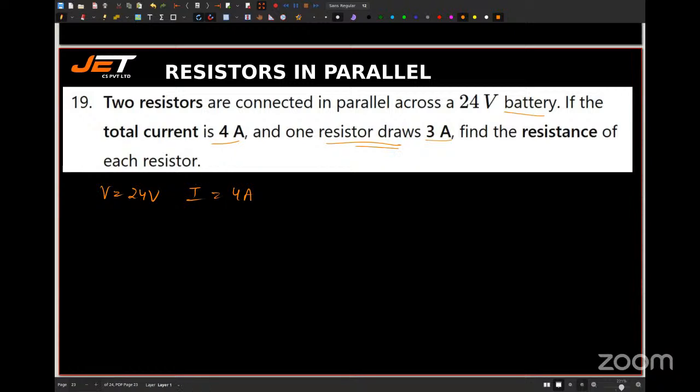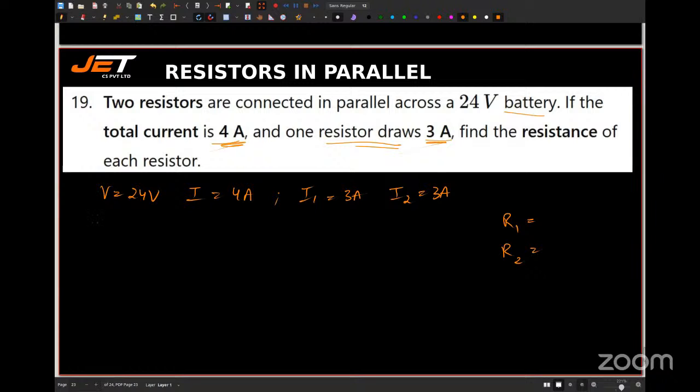The total current is how much? 4 amperes. That means total is I, and I1 is equal to 3 amperes and I2 is equal to 1 ampere. This is given. So we need to find out the resistance of each resistor. That means we have to find out R1 and R2. How do you do this?